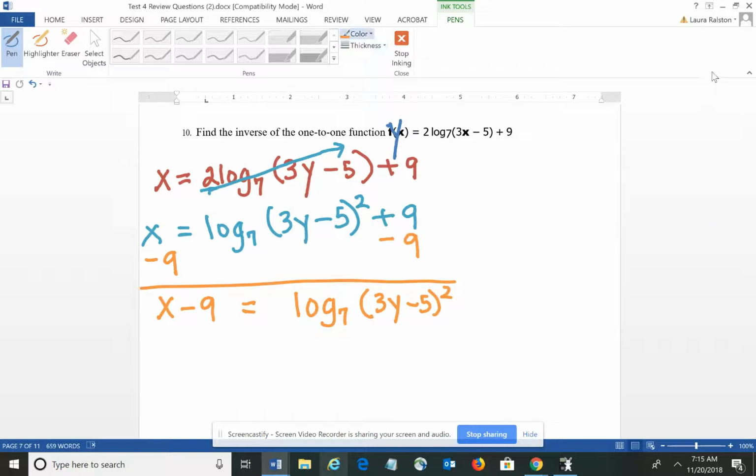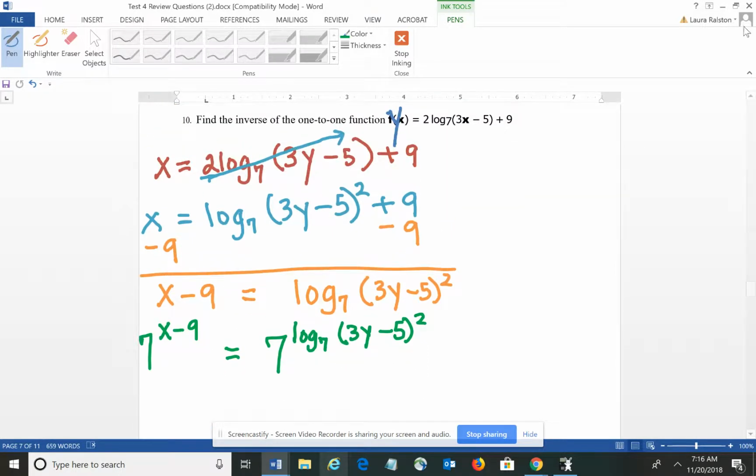Then I need to deal with the logarithm. To undo a logarithm with a base 7, we're going to raise it to the 7th power. So we would have 7 raised to the x minus 9 power equals 7 raised to the log base 7 of 3y minus 5 squared.